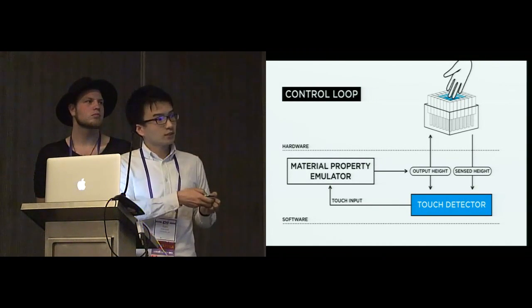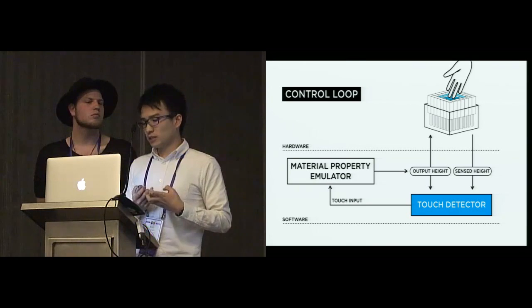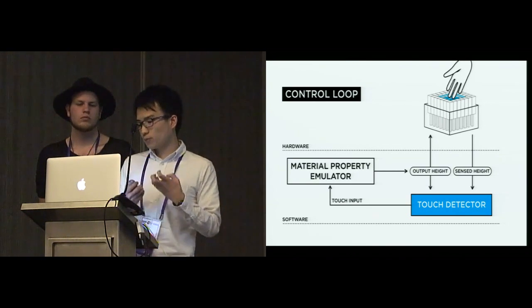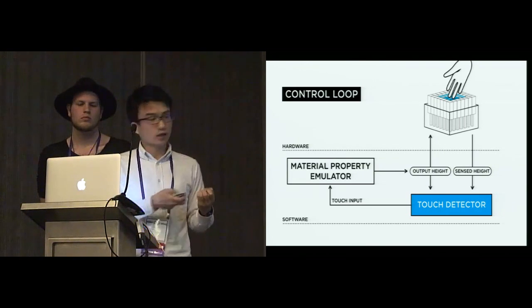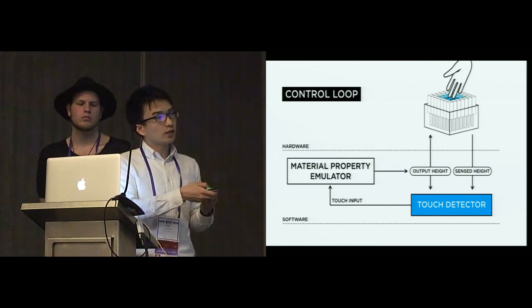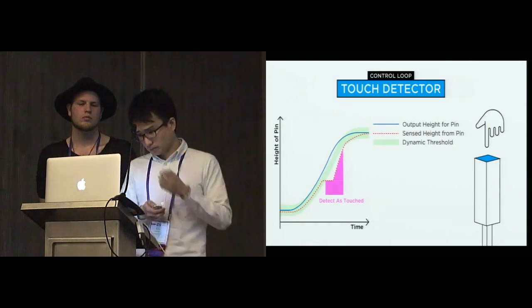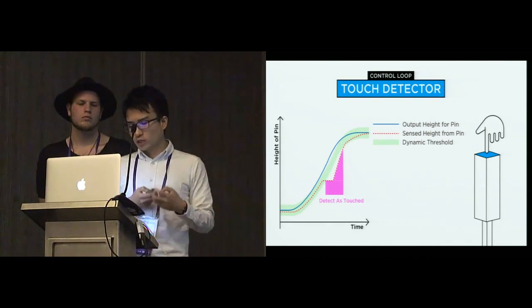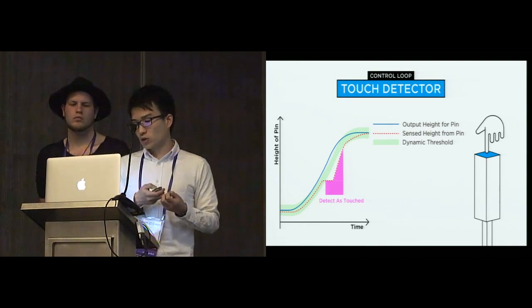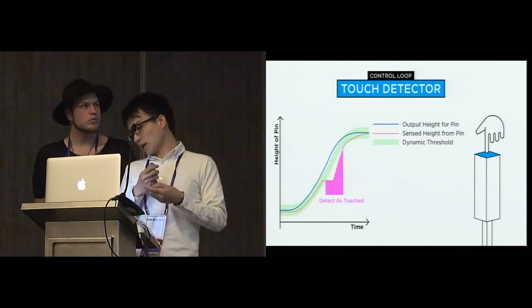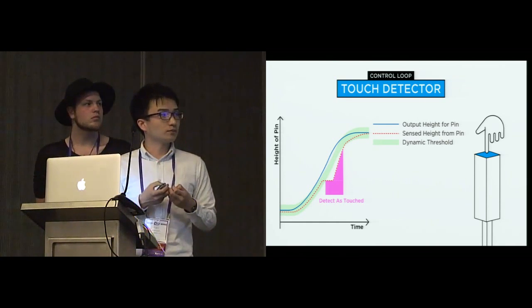So going to the touch detector, it identifies the user's touch input by comparing the output height data from the material emulator and the input sensed height data from the shape display. According to the output value shown here in the blue line, a range of dynamic threshold is defined.